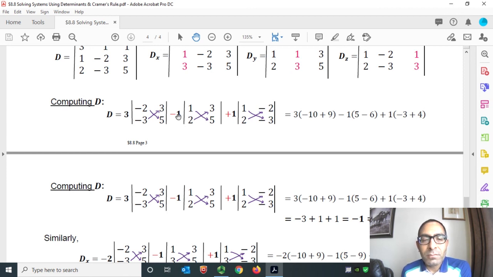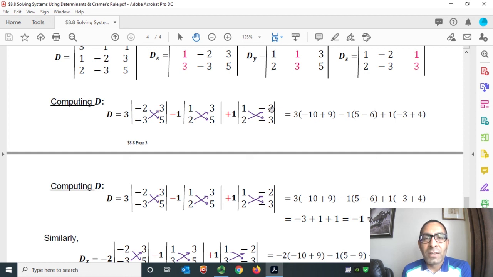Similarly, -1 as it is, 1 times 5 is 5, -2 times 3 is -6, so 5 minus 6 here. Similarly, +1 as it is, multiply these diagonal entries: 1 times -3 is -3, and then minus from the formula, 2 times -2, which is -4.